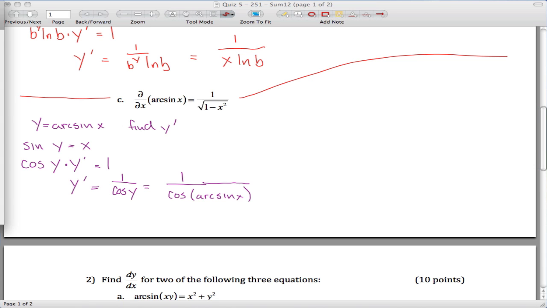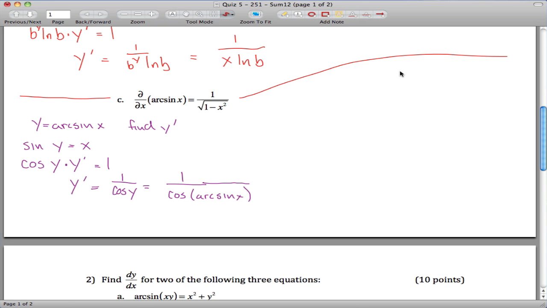The way we can do that is by giving this arcsine of x a name. Maybe we'll call arcsine of x, I don't know, t. And then we'll take the sine of both sides, and we'll say, all right, if arcsine of x equals t, then x is equal to sine of t.